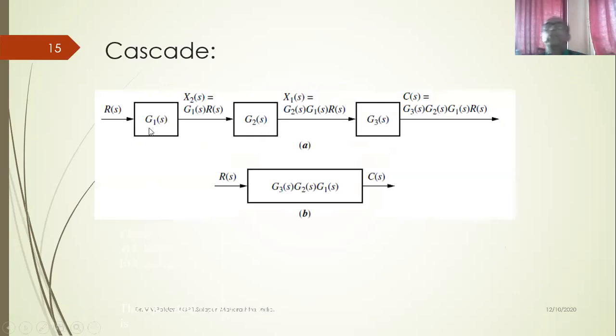So if I write G1 into bracket t, that means G1 is a function of t. If I write G1 into bracket s, that means G1 is a function of s. If I write G1 inside the bracket capital D, so G1 is a function of D, right? D corresponds to d by dt. So that bracket representation s represents G1 is a function of s. Okay. So R(s), the reference input, is a function of s, right?